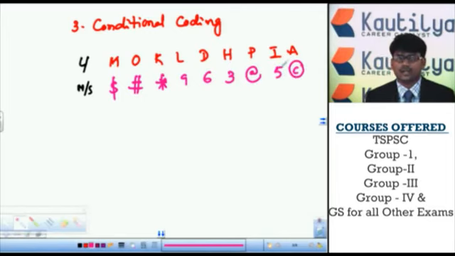They gave it like that. The condition is, if the first letter and the last letter of the group of letters are vowels, both are to be coded by @ symbol.